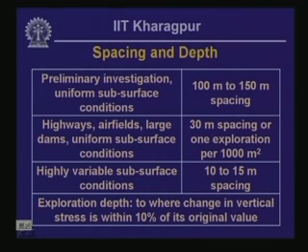A guideline in this respect is given in this table. If you have a preliminary investigation and the subsurface conditions are relatively uniform, then a spacing of 100 to 150 meters between two consecutive investigation locations is often considered sufficient.